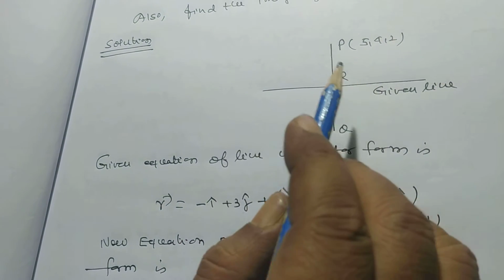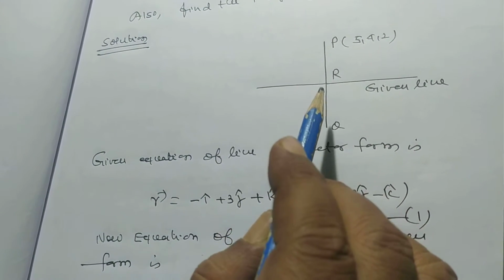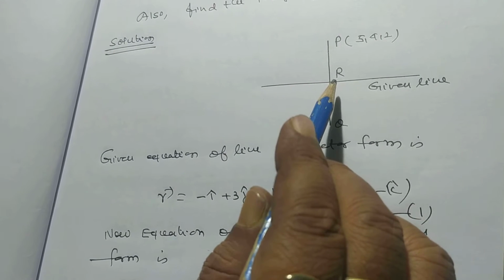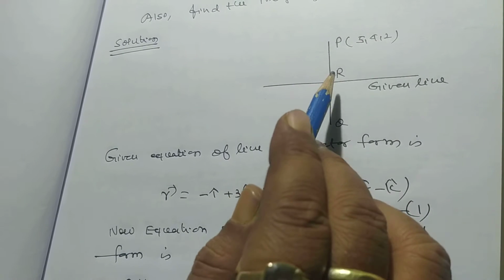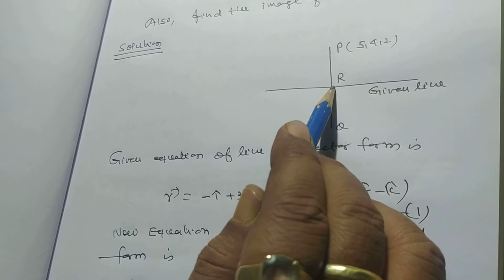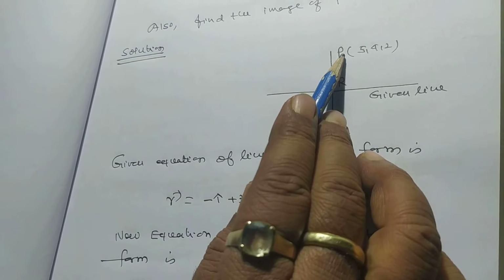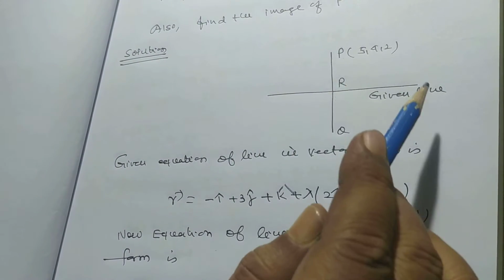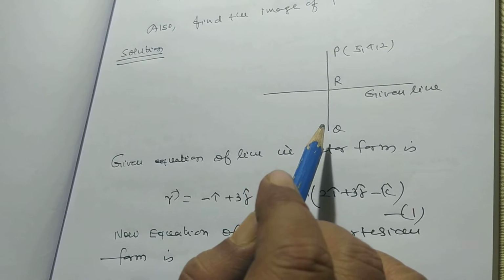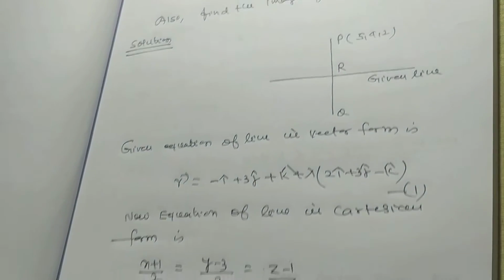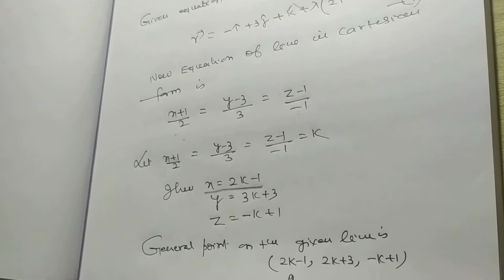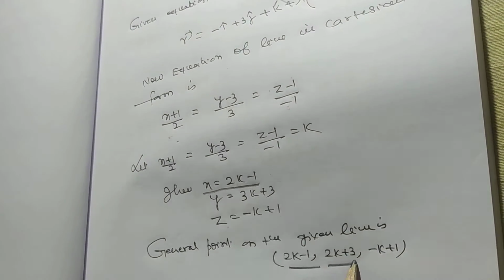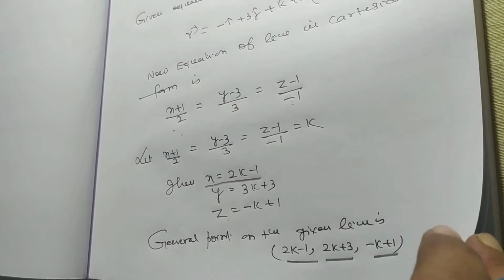So we find the coordinates of the point in terms of lambda, because R is only one point at which PR is perpendicular to the line.